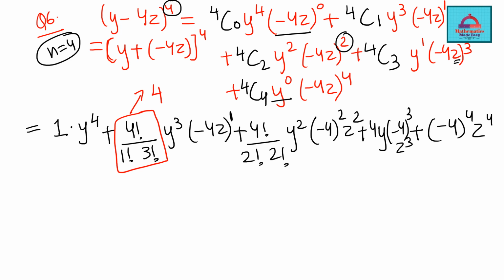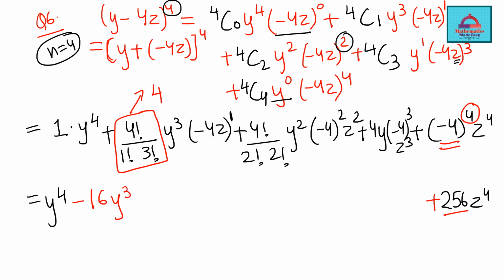So let's simplify our answer. So y to the power 4 is the first term. Open the brackets, so it will come out to be positive 256 z to the power 4. When you expand this value, that means minus 4 is multiplied 4 times to give you 256. Okay, so this is the last term. It is also positive. Now here, because of the negative sign, this becomes 4 multiplied with 4, so it's going to be 16 with a negative sign, and y has power 3, z has power 1.